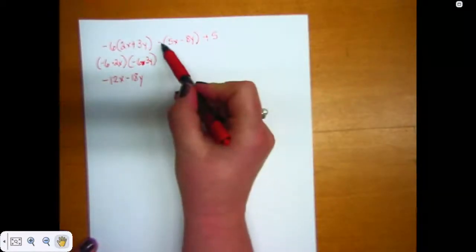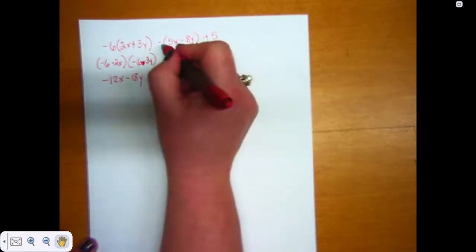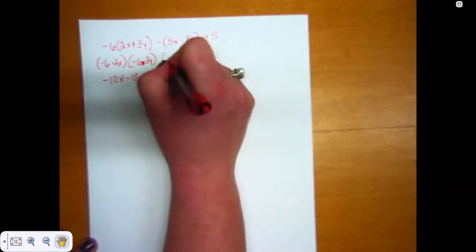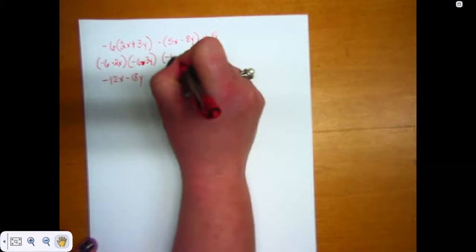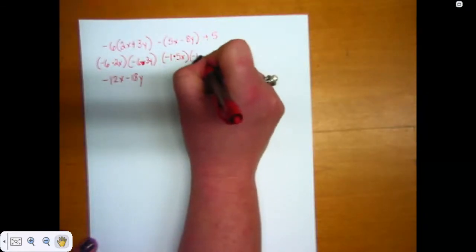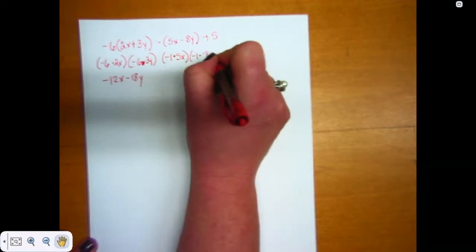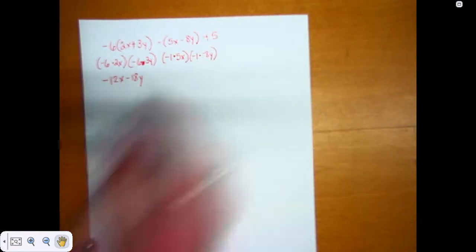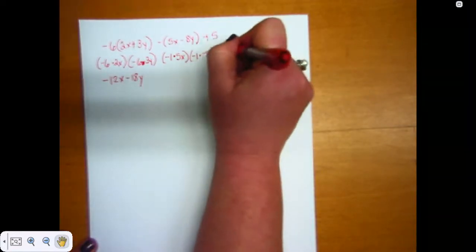Then I would need to distribute this. So this is really a -1. So this would be -1 times 5x and -1 times -8y. And then we would just bring this plus 5 down.